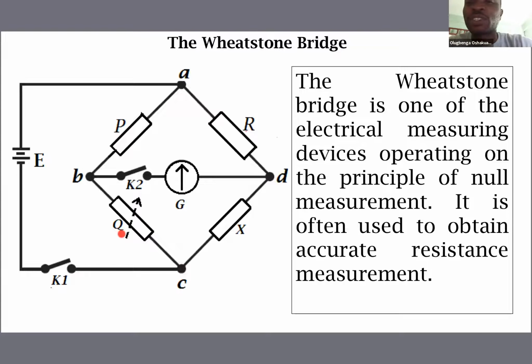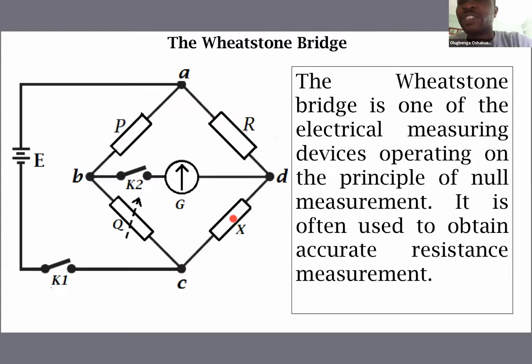That is what Q represents in this circuit. So Q is a variable resistor. P, R, and X are fixed resistors.